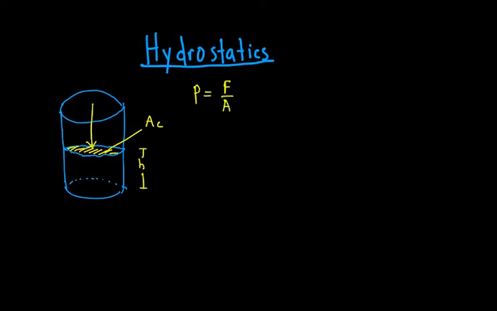Or you can write it if you move the A to the other side, this is the way I remember it, that force is equal to area times pressure. Wait a minute, we can't have that. This is an educational channel. Let's leave it as pressure equals force over area, shall we? So what else do we have?